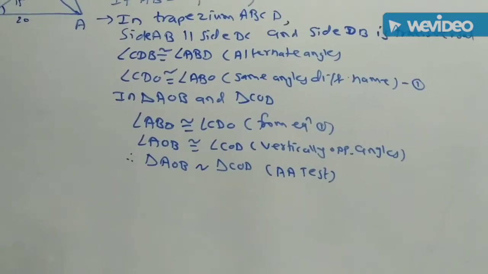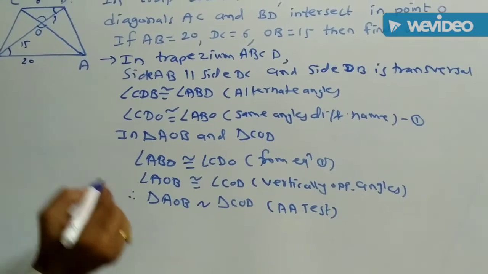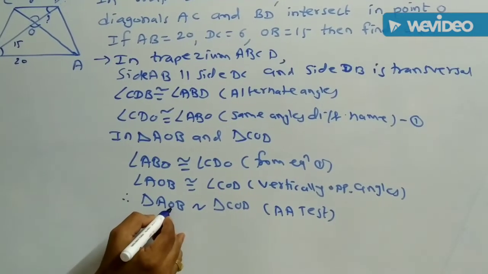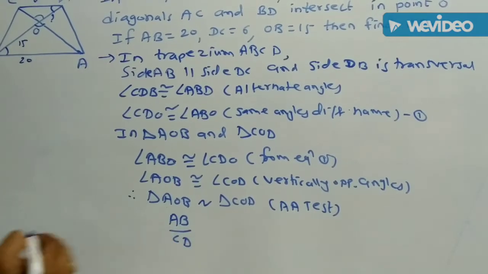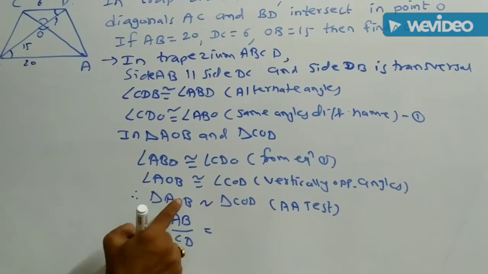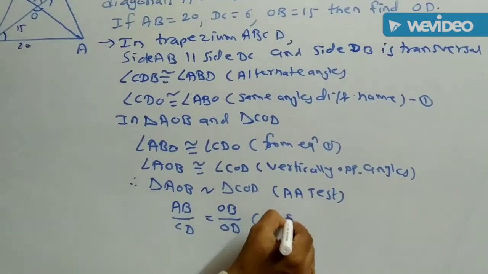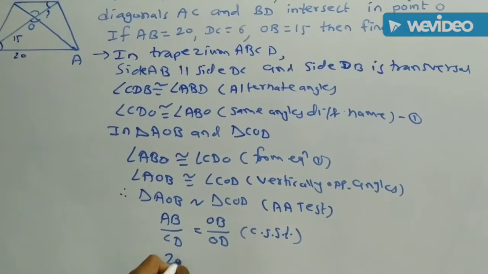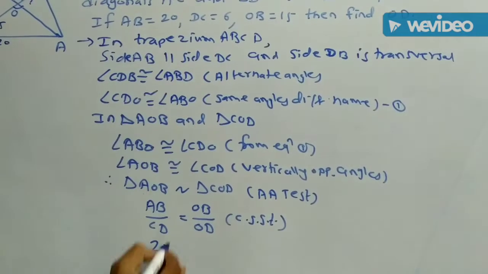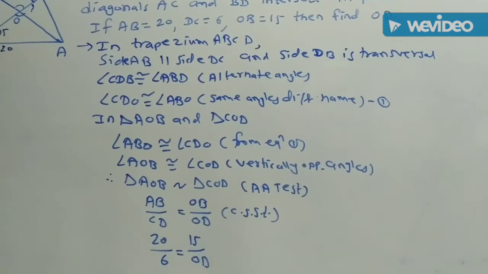Now triangles are similar, therefore their corresponding sides are in proportion, and therefore we can write here AB upon CD is equal to OB upon OD, corresponding sides of similar triangles. Now putting the values, AB is given 20, CD means DC is given 6, OB is given 15 and OD we have to find.